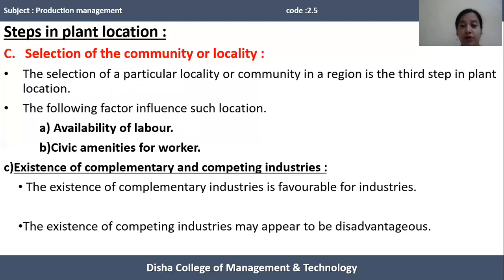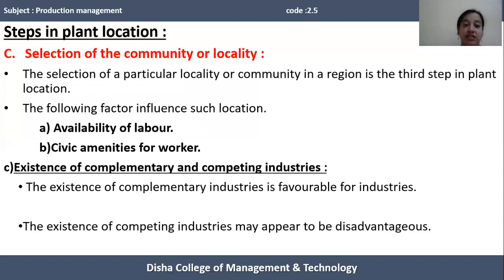This type of location should be selected so that workers can fulfill their civic amenities. Employees of the organization can fulfill their basic requirements, and they are satisfied with that location, and they want to stay and work with the plant.